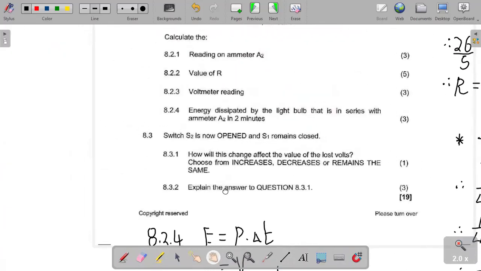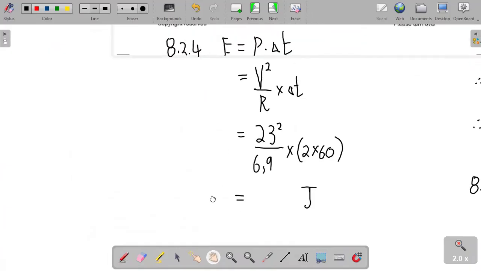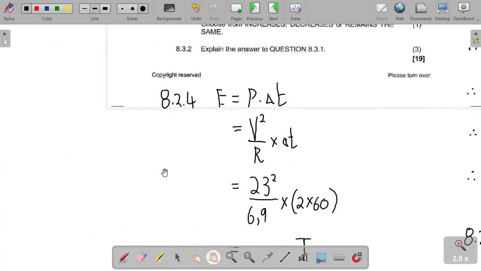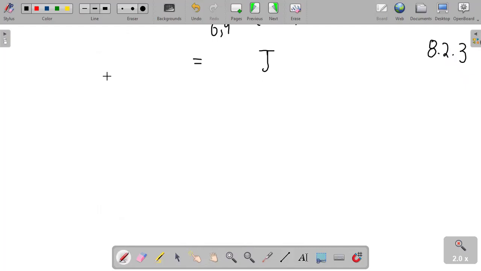Let me do it this side. Okay, just do it here. 8.3.1.